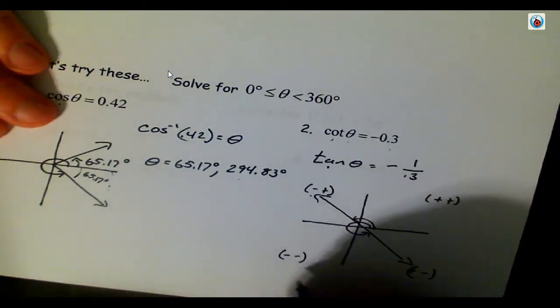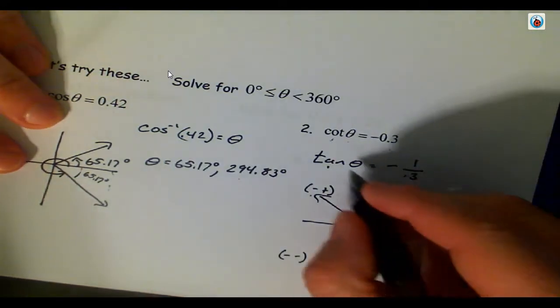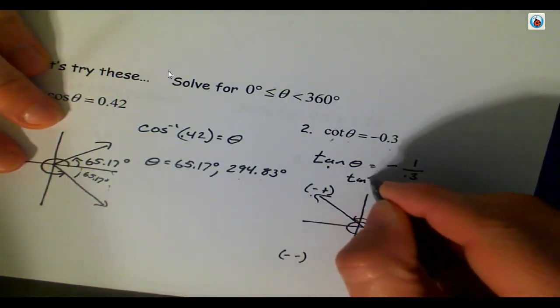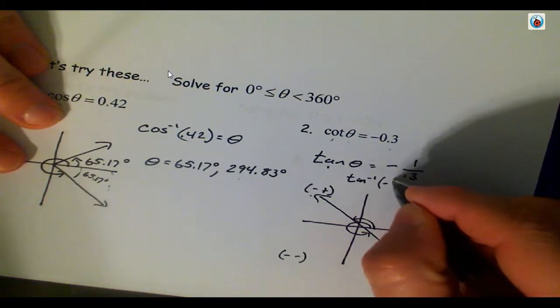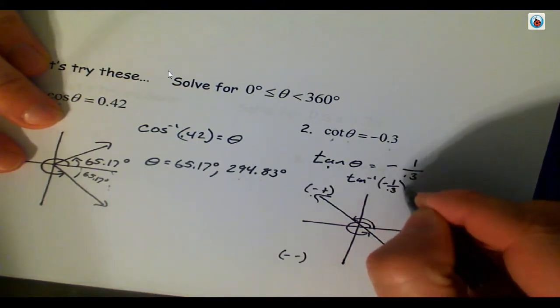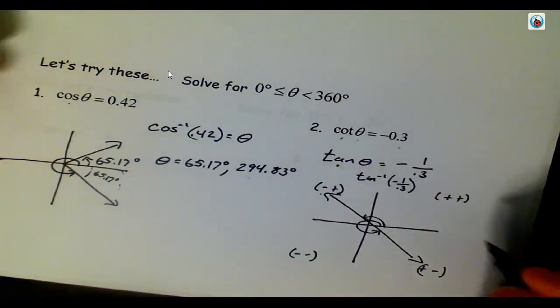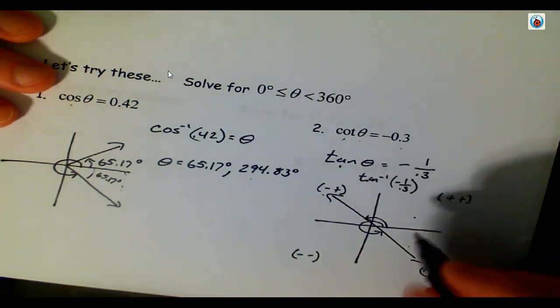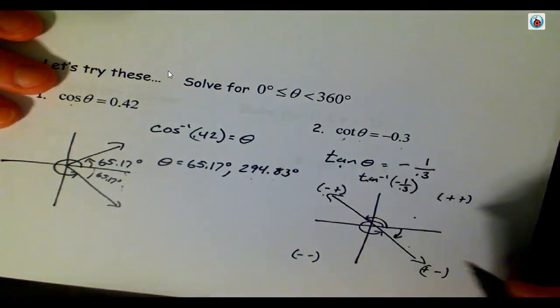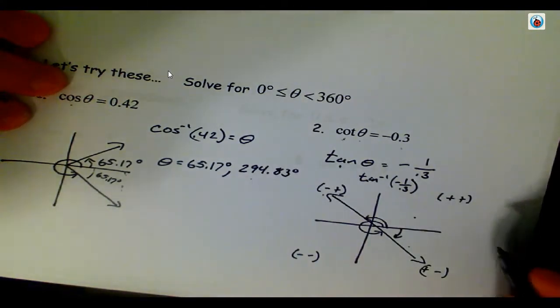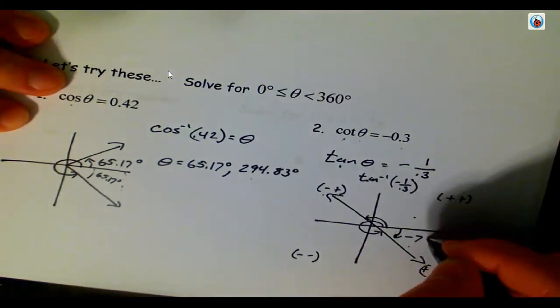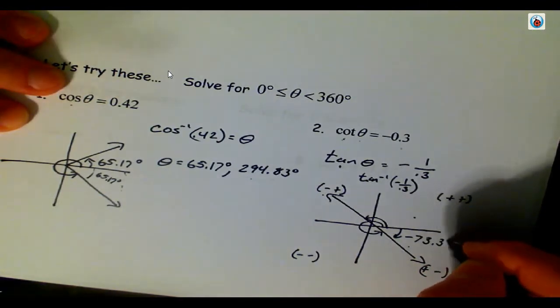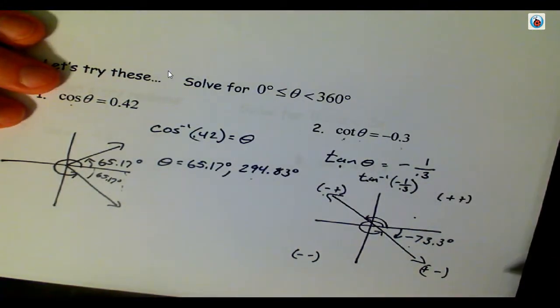Okay, so let's work through this. I need to find the inverse of tangent of -1 over 0.3. Whenever I plug that into my calculator, remember tangent's in the first and fourth quadrant, so it's going to give me this angle right here, -73.3 degrees.